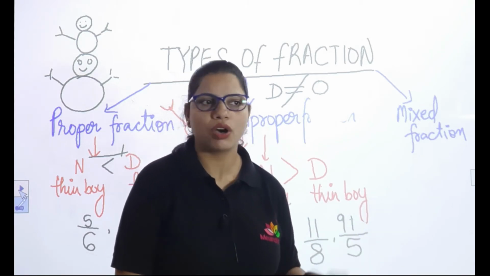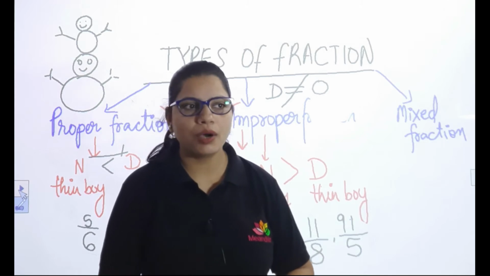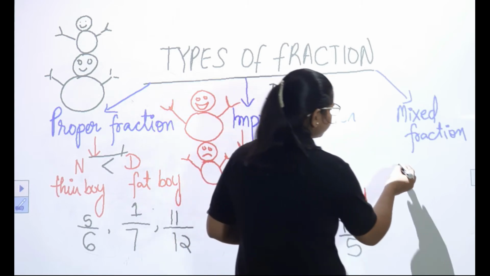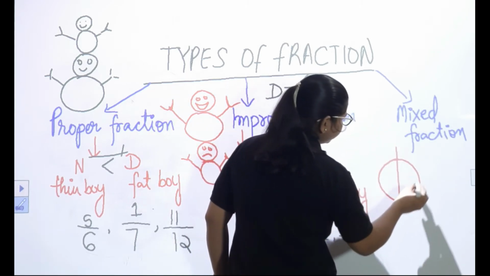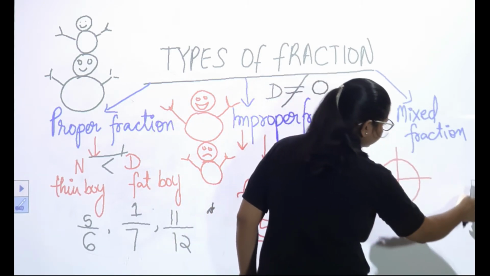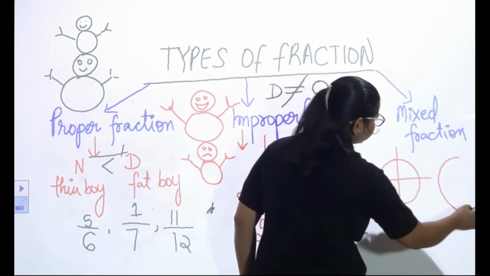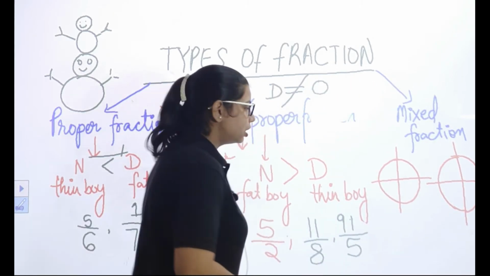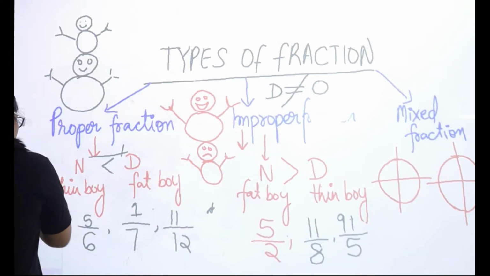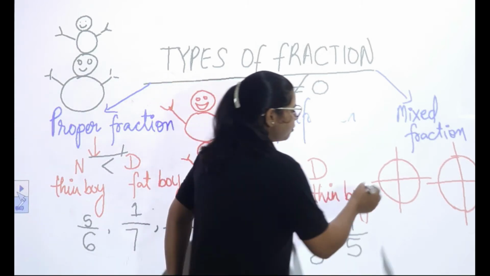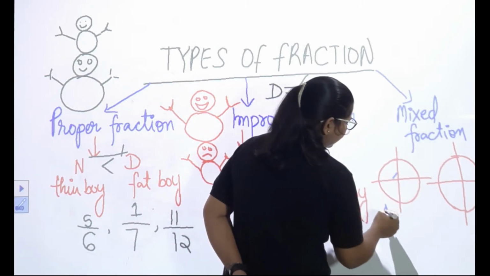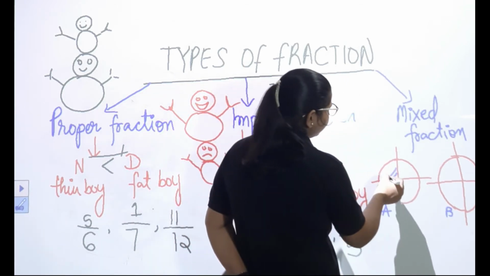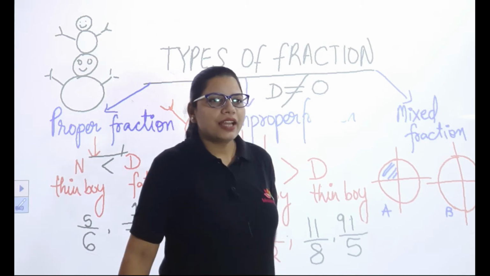Your mama has ordered 2 pizzas. Each pizza was having 4 slices. Let me draw so that you have a good visualization. This is the first pizza and this is the second pizza, right? Now you the foodie one, what you did, this is pizza A, this is pizza B. You have started eating pizza A, you have eaten the first slice, now you want more.